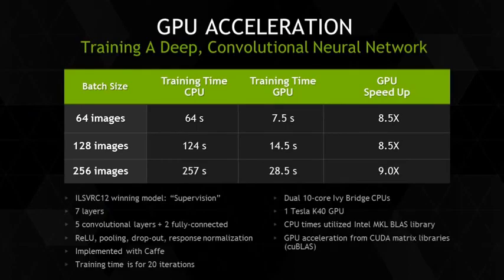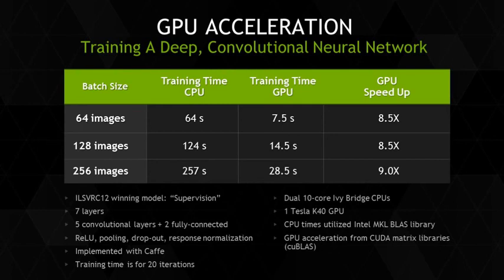An example experiment that we ran last year was training the network that won the ImageNet challenge in 2012, called Supervision, which is a fairly large convolutional neural network. We implemented it in a framework called Caffe and trained it for 20 iterations, on both a Tesla K40 GPU and a CPU-based system using two 10-core Ivy Bridge CPUs.